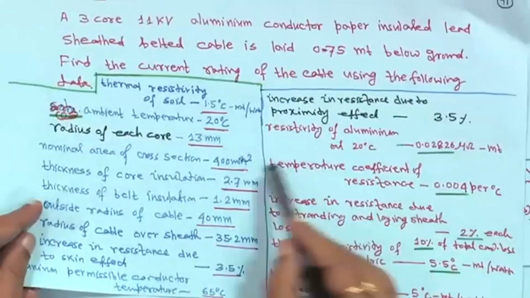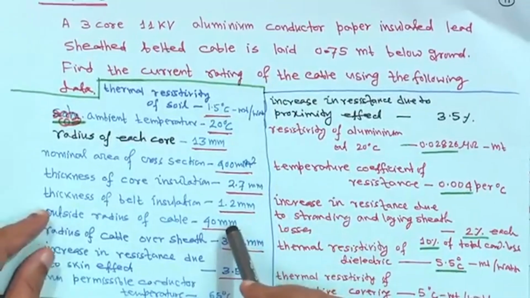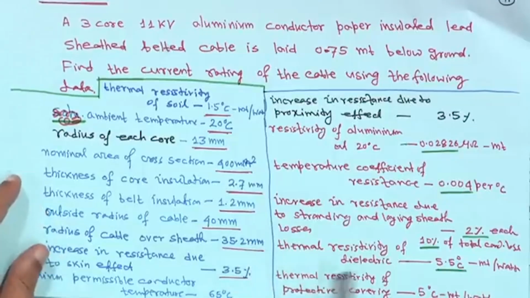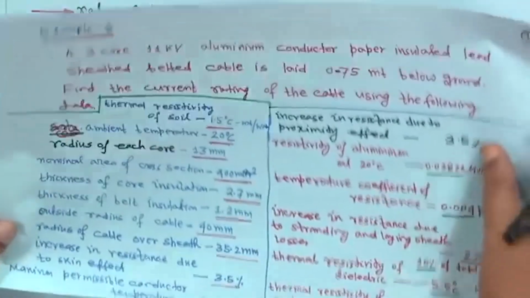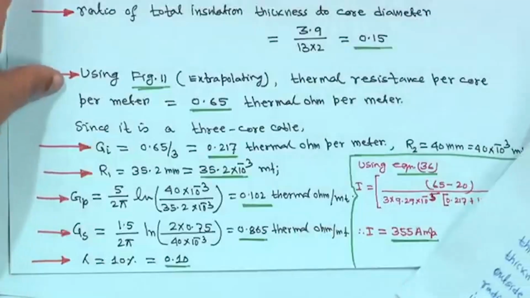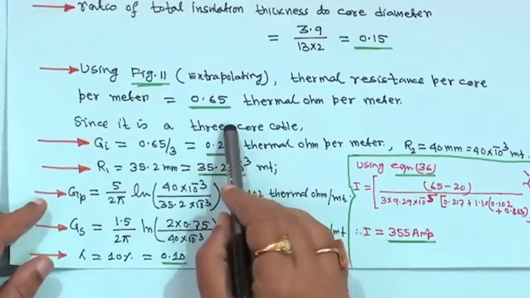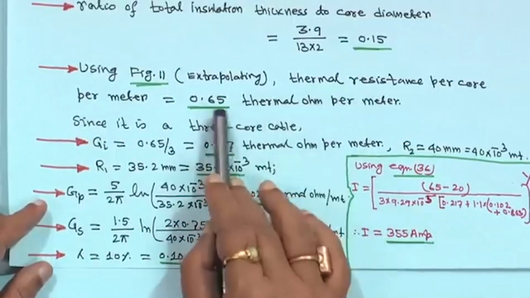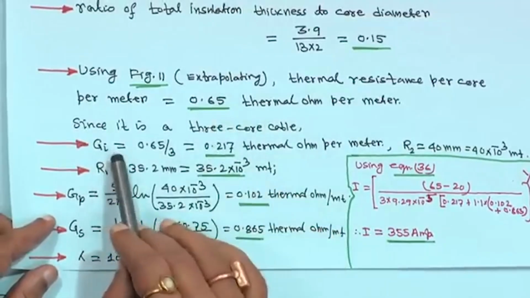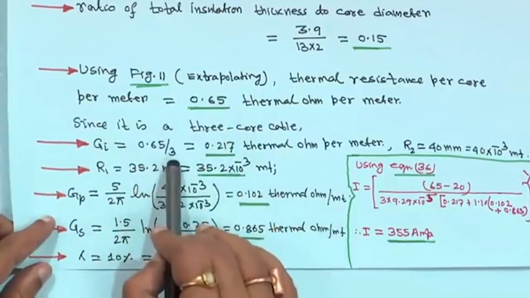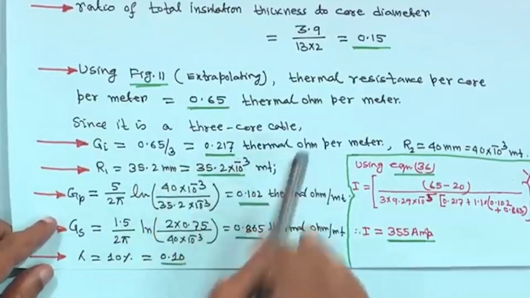All data are given. From the graph you got 0.65, but you have to see how many cores there are and divide accordingly, so this is 0.65 by 3, 0.217.